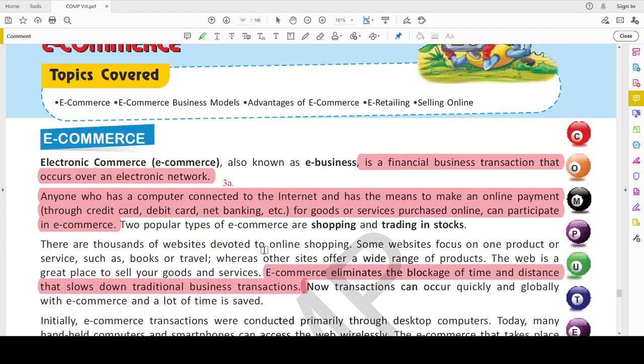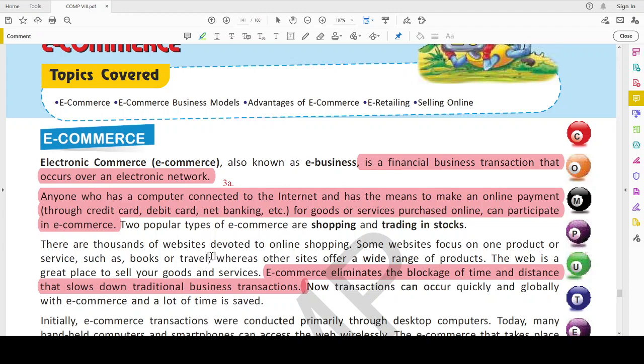It may be some service given by some company. It may be some items sold by some retailer. So whatever it is, it may be some service or it may be some product. They are listing it. They are explaining their service or giving a description of their products so that the viewers of the website can see them, compare them with other stores, and make a suitable decision to purchase their products.